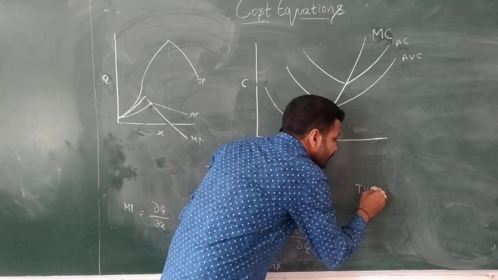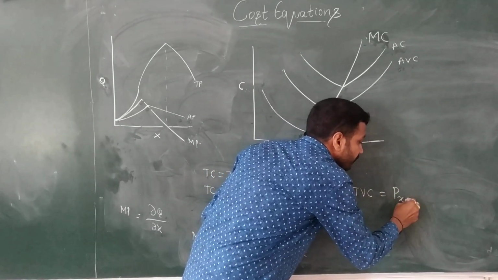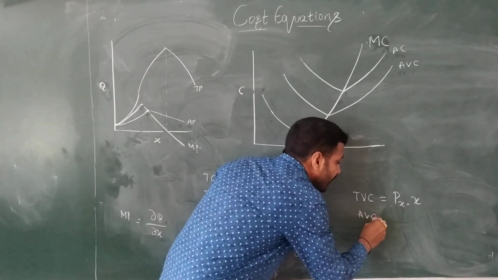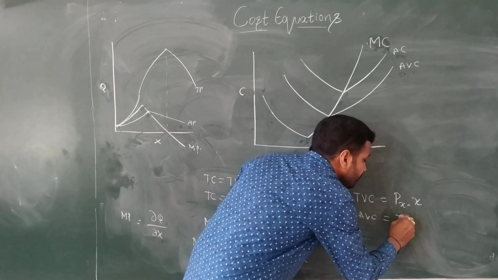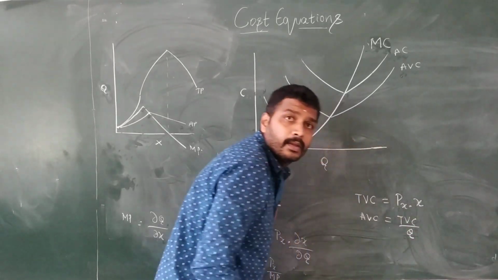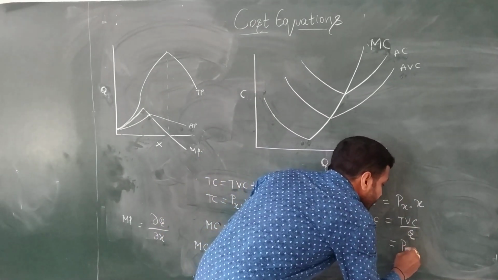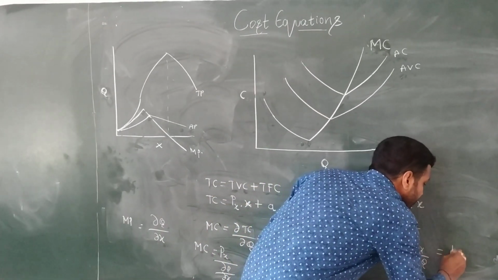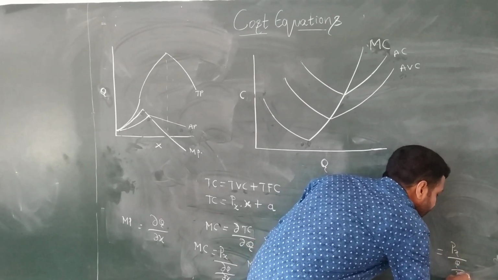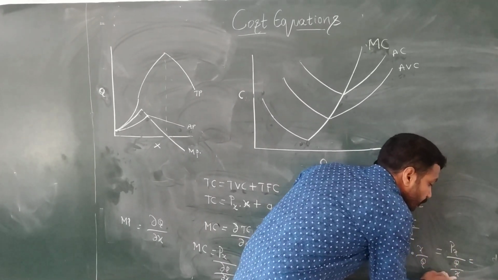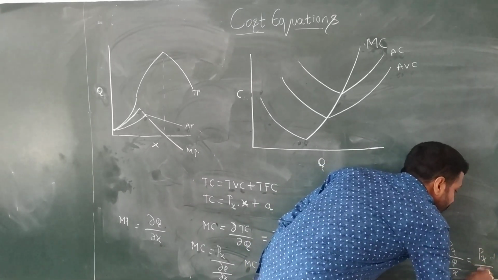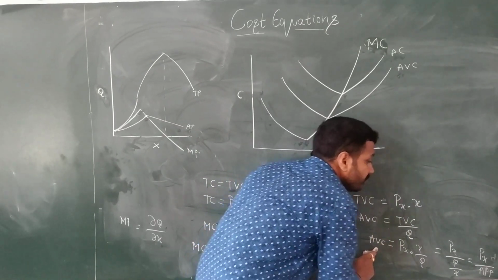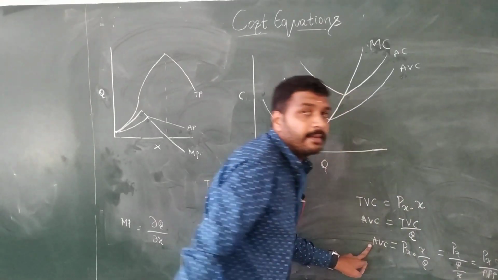Let us consider TVC, which is nothing but Px into X. From this you can derive AVC, which is TVC by Q, equal to Px into X by Q, which is nothing but Px by Q by X. You know that output per unit of input is nothing but APP, such that we can establish an inverse relation between ABC and APP.